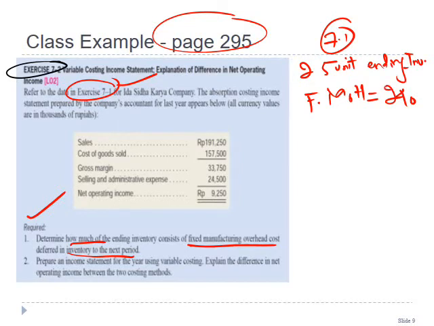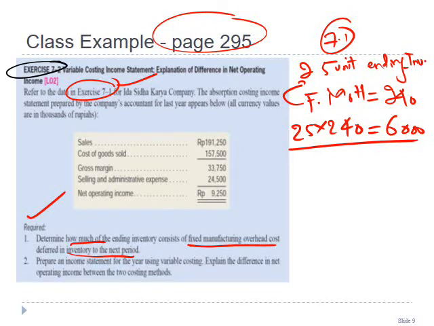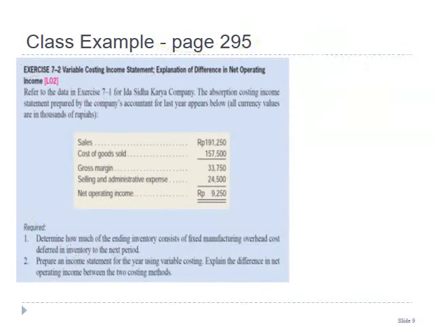What is the part of fixed manufacturing overhead on these 25 units? Answer is 25 multiplied by 240, which is 6,000. So that is requirement 1. I'm just going to remove it and go to requirement 2. Our second requirement is to prepare an income statement for the year using variable costing. Explain the difference in the net operating income between the two cost methods.